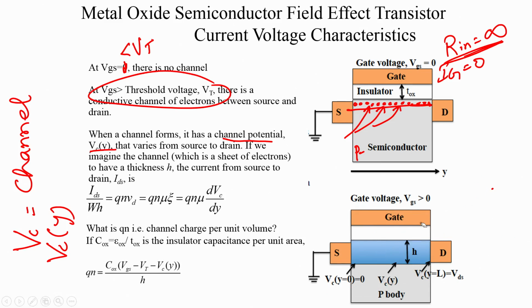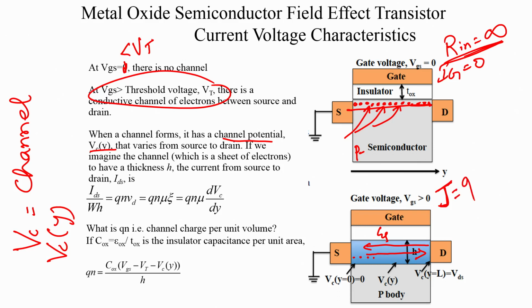So, in order to derive this current, we see that it is the Vds that is providing the electric field, and in response to the electric field, these electrons are going to drift from the source to the drain. So, what is the drift current density? That is J, which is the drift current density, the current per unit area.